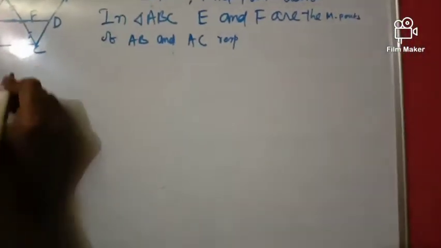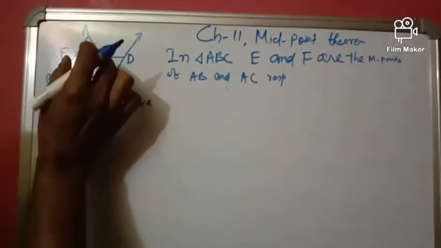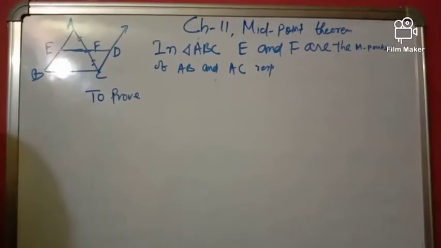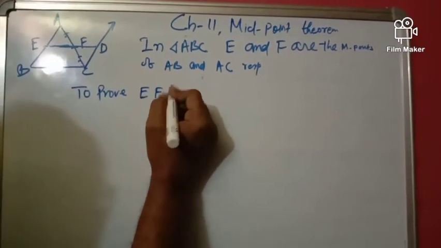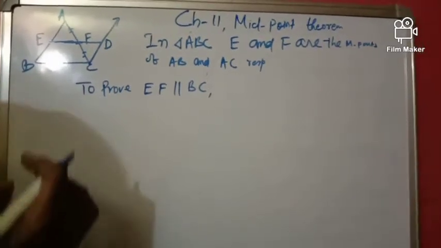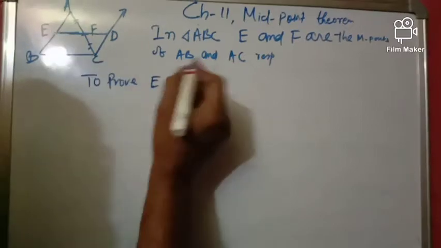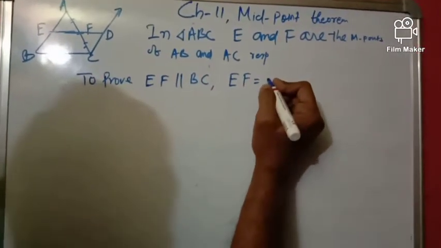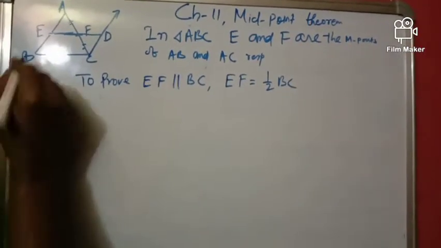To prove: what do we have to prove? EF parallel to BC, and EF equal to half of BC. First of all, by construction we have to write.